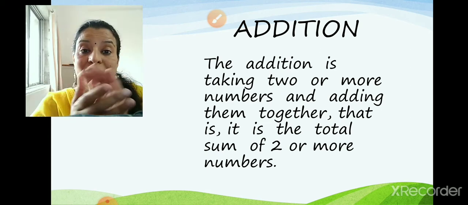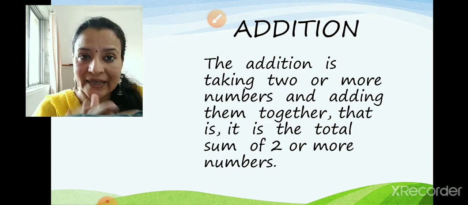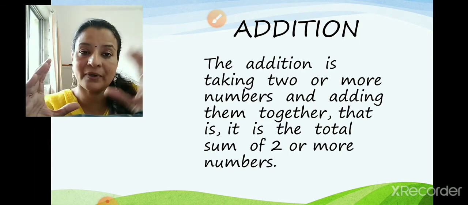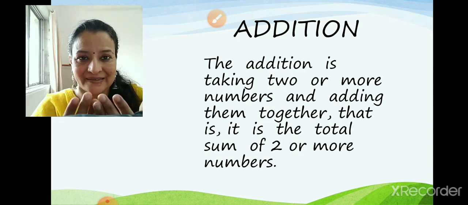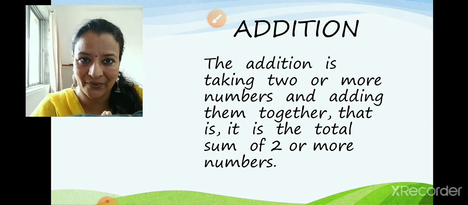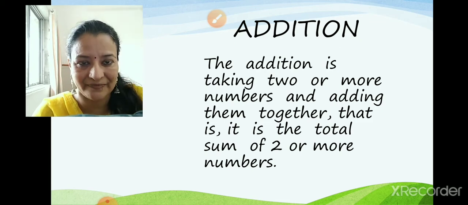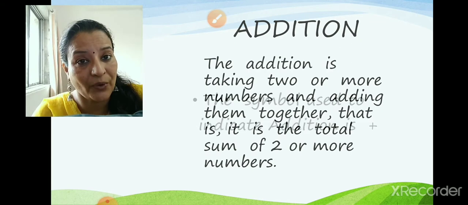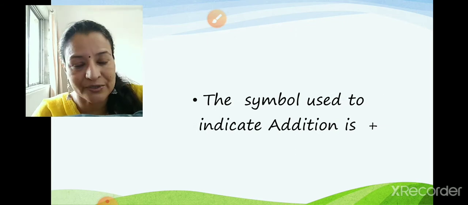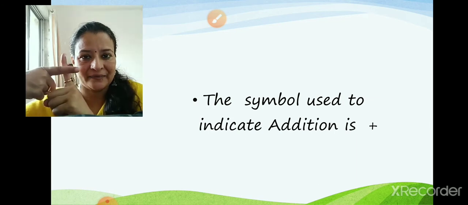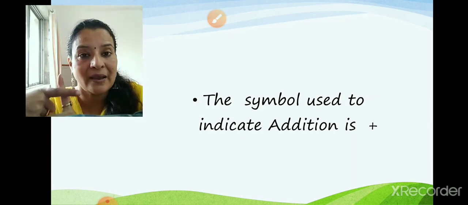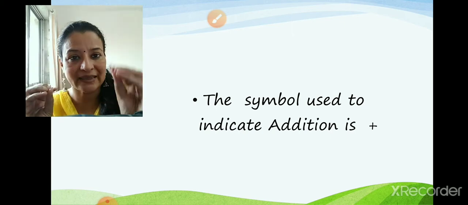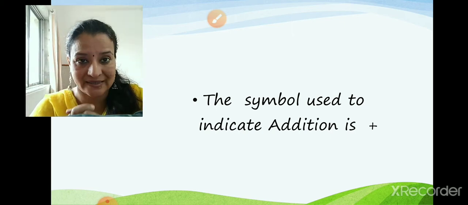Matlab, bringing them together, adding them. One group and one more group, you add them and they increase, they become more. Okay, that is addition. And you also know the symbol used for addition, that is a plus sign. Plus, it means addition. It means this number and this number together, plus.